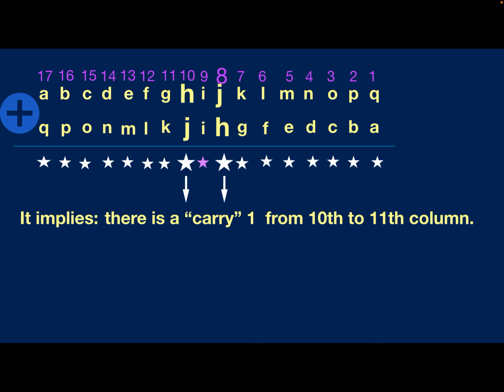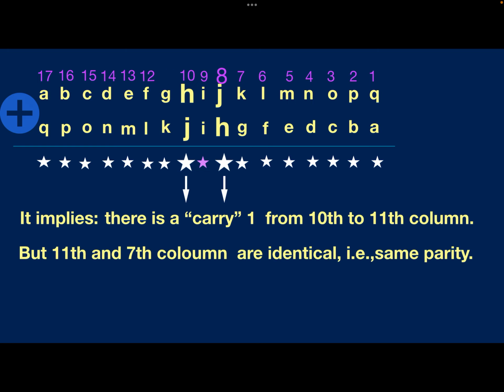Since the 8th column produces a carry, the 10th column will also produce a carry 1, isn't it? And this carry will go into the 11th column. So there is a carry 1 from the 10th to the 11th, and the 11th and 7th columns are also identical. In the 11th column they are G and K, and in the 7th column they are K and G, in reverse order, but the digits are the same.